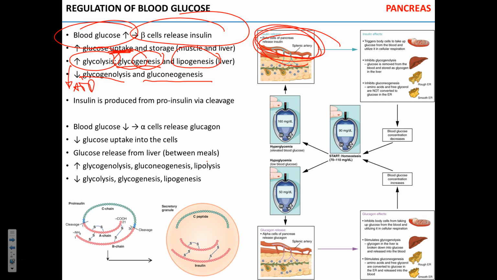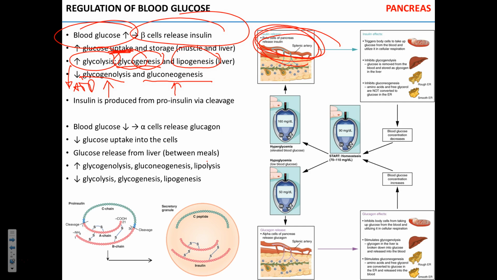So making it either from scratch or by breaking down glycogen is inhibited. You don't need to make glucose. You have it already, because you just ate. So that's how you take the glucose out of the blood. You take it into the cell and either use it in glycolysis or store it via glycogenesis or lipogenesis.